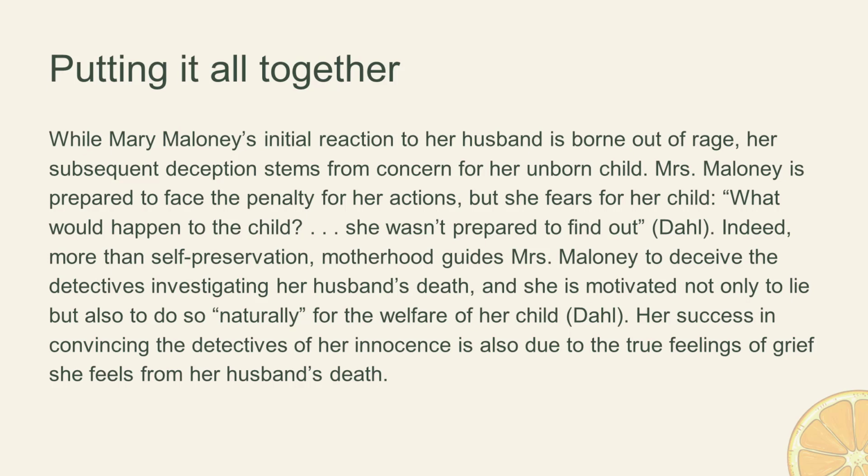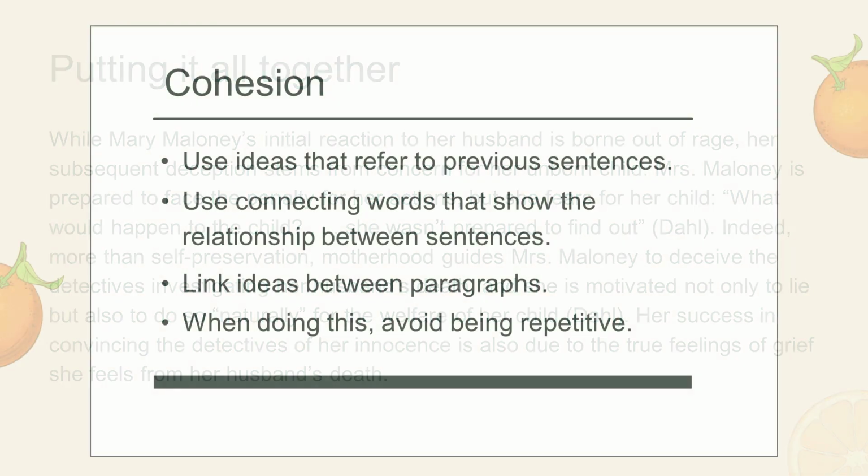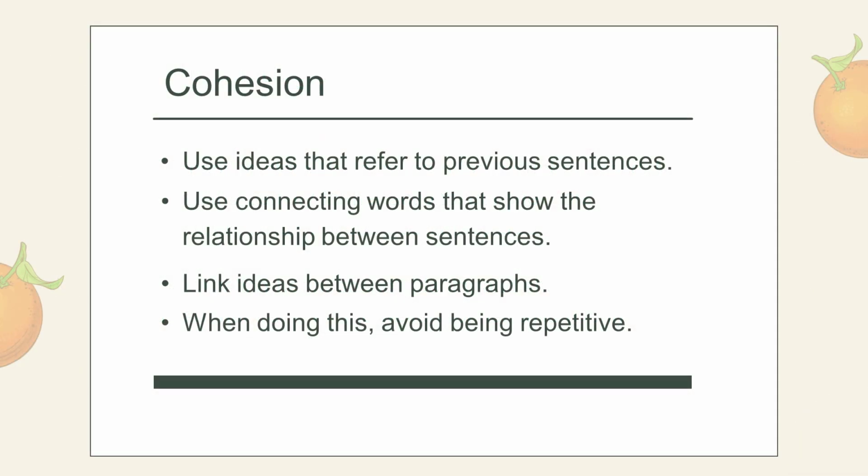Indeed, more than self-preservation, motherhood guides Mrs. Maloney to deceive the detectives investigating her husband's death. She is motivated not only to lie, but also to do so naturally for the welfare of her child. Her success in convincing the detectives of her innocence is also due to the true feelings of grief she feels from her husband's death.